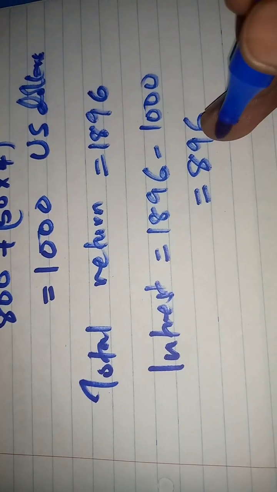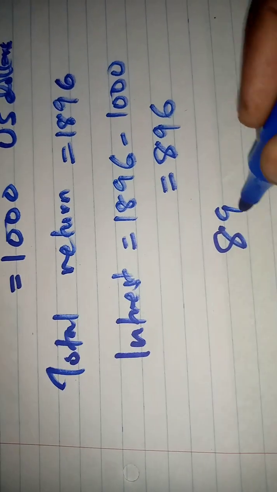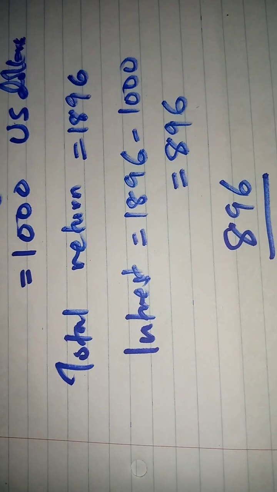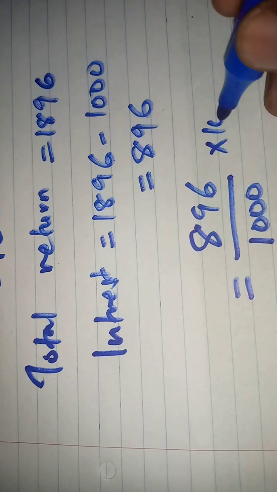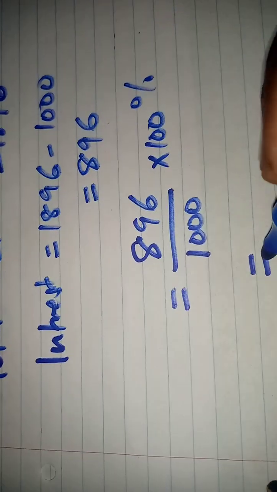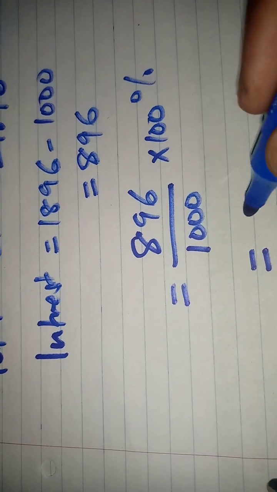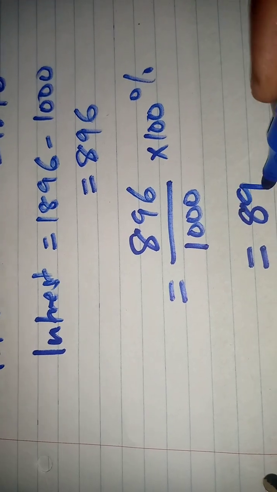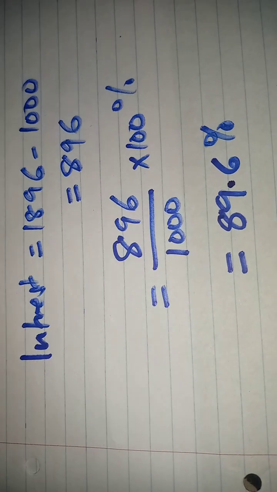Computing this as a percentage, I'll take 896 all over the original, remember what I invested, multiply this one by 100%, and the percentage interest that I'm going to have now will be 89.6%.